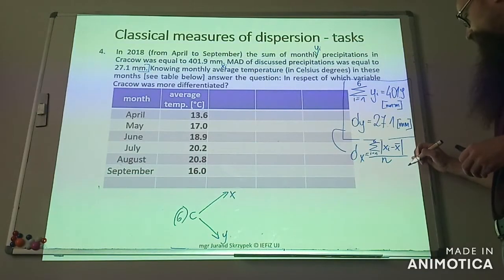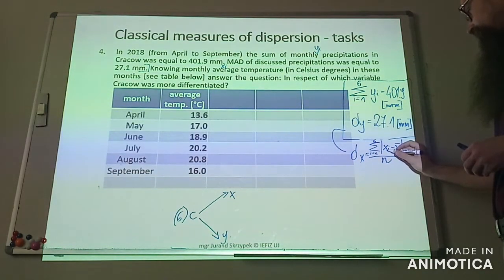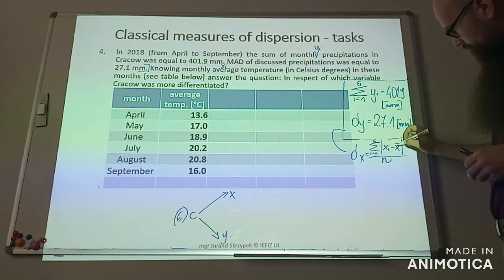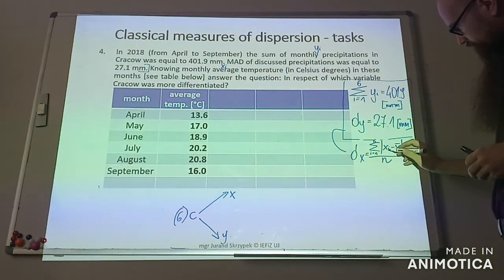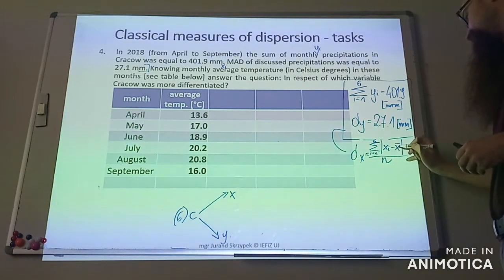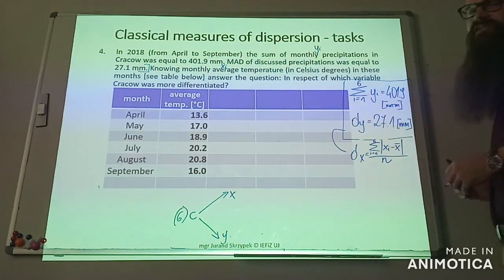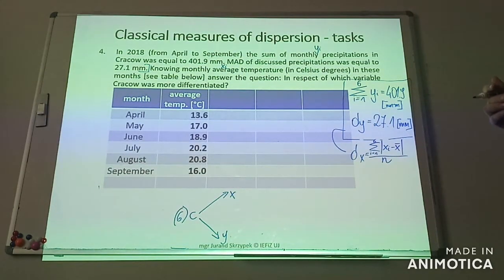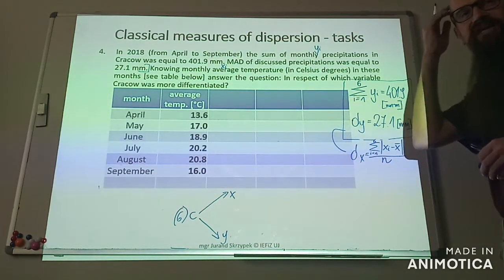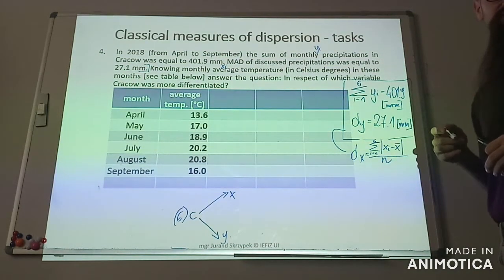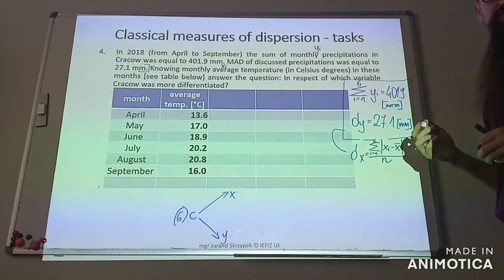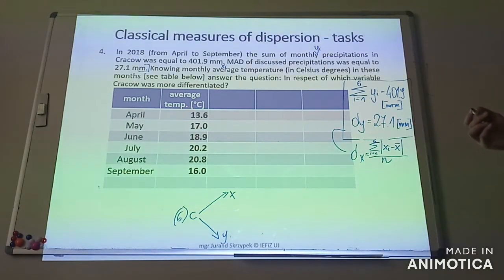Let's build the first column. In the first column, I need the difference between xi and x mean, and simultaneously I can compute in my head the module of this subtraction.